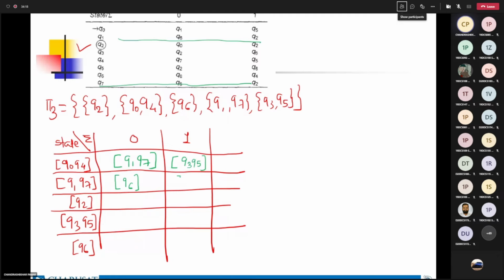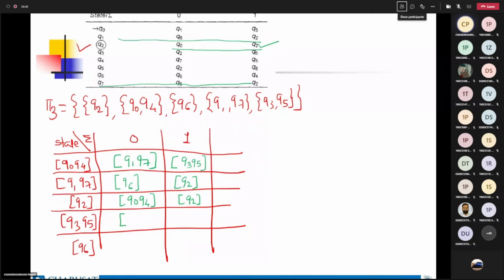Here only Q2, because Q6 and Q2 are separately provided here. Next Q2. For Q2, what is the transition? Q0 and Q2. So Q0 is not appearing as a single state. Here we have done Q0, Q4. And here is Q2, so Q2 as it is.